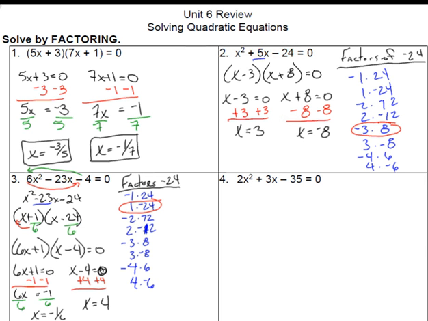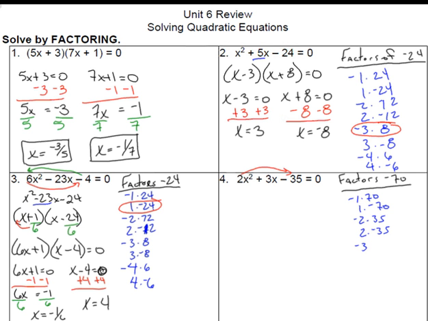For number 4, multiply my 2 over here. So I need to list the factors of negative 70. So I have negative 1 times 70, 1 times negative 70. Negative 2 times 35, 2 times negative 35.